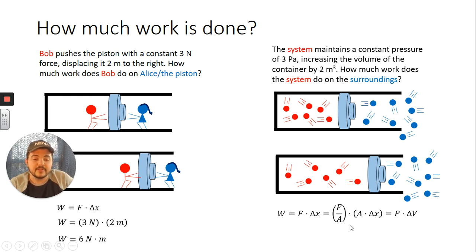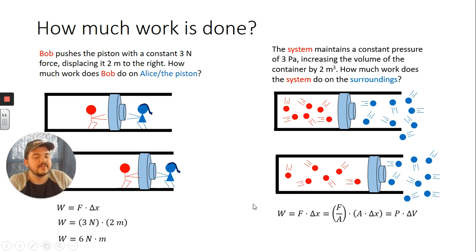This is a helpful expression, though, because force per area, that's our definition of pressure. And if we take the cross-sectional area and multiply by how much linear displacement there's on that piston, you're going to get how much the volume expanded, how much change in volume there was. And so we get work is also equal to pressure times change in volume.